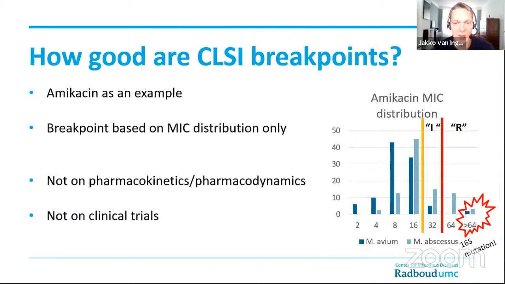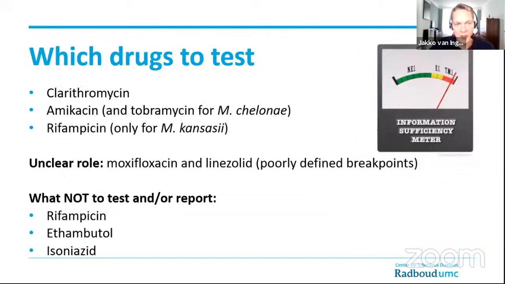And also the breakpoint has not been formally tested in clinical trials, although there is an analysis ongoing, and part of it has been published or presented at the last ID week, the last physical ID week, suggesting that there was not a clear correlation between the exact MIC and the chance of responding well to inhaled liposomal amikacin. So again, suggesting that the breakpoint maybe needs some additional study.